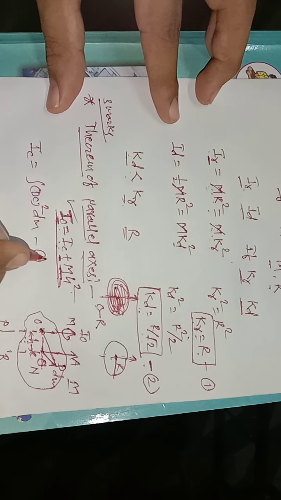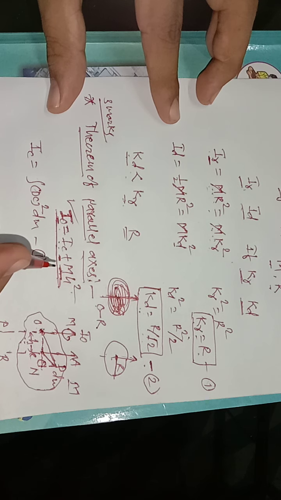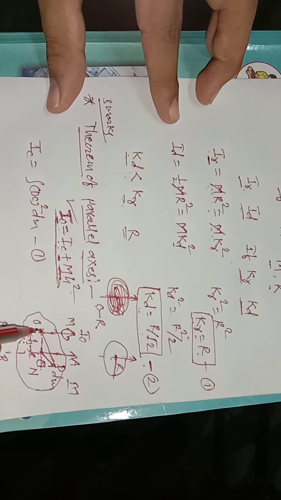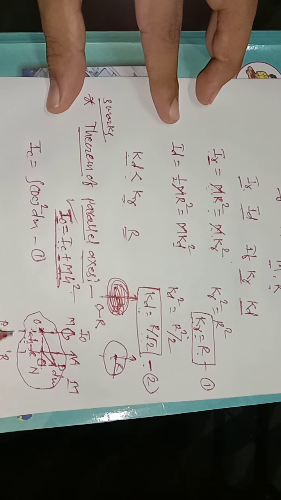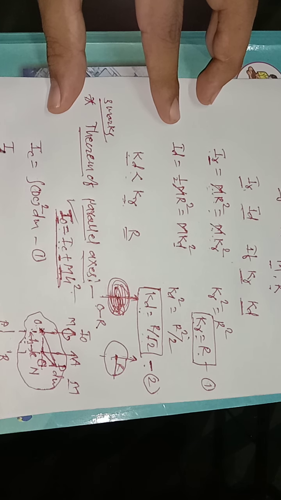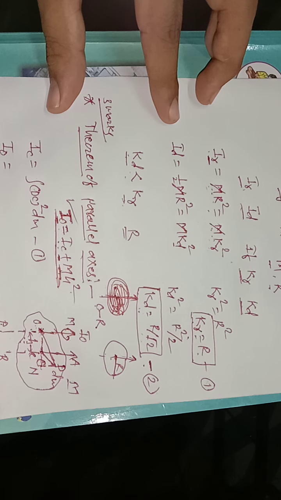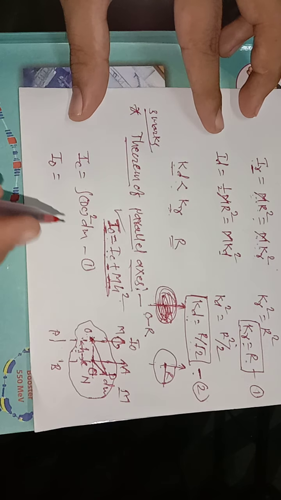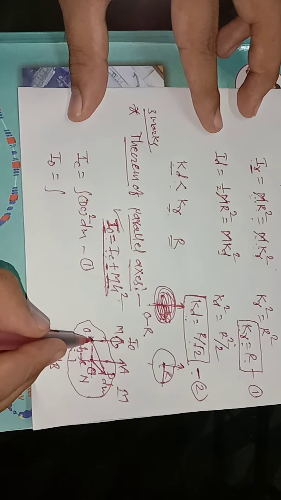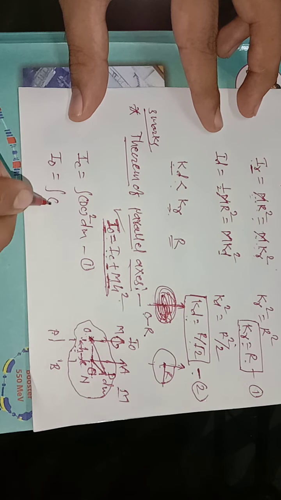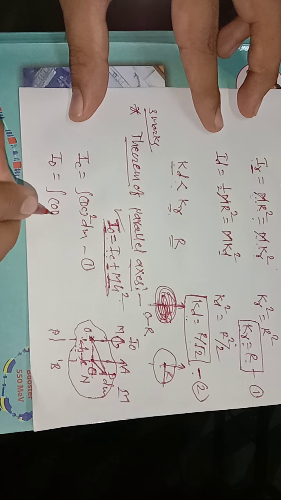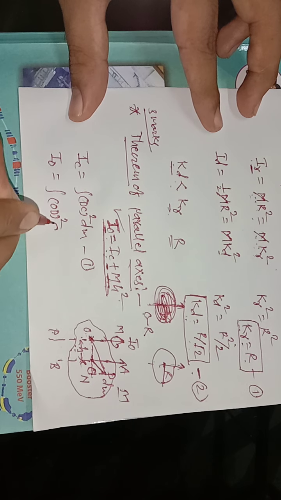So this is equation number 1. And about the second axis, MOP, which is passing through point O, the moment of inertia IO is given by the integration of OD square dm.